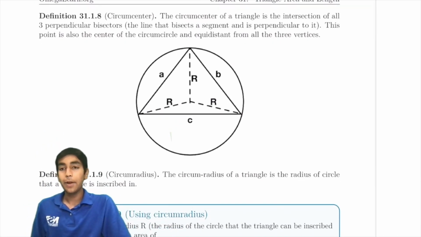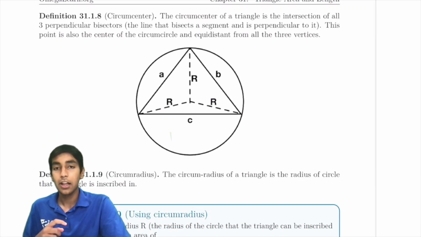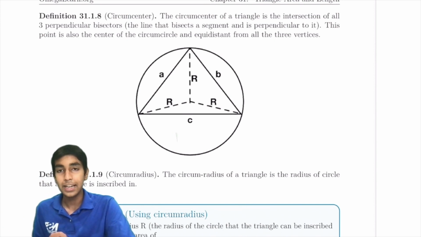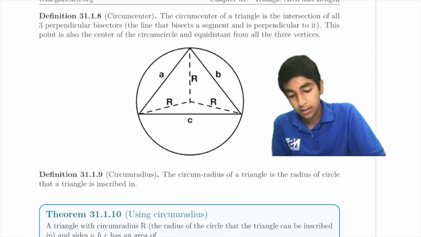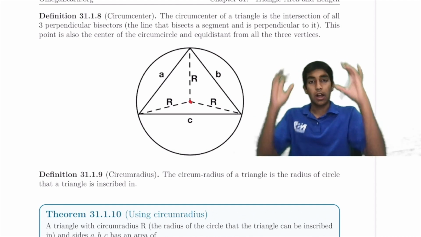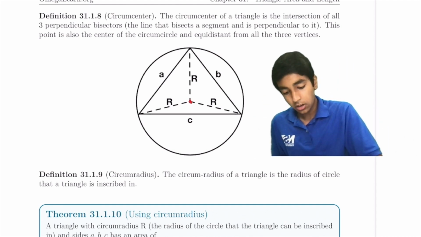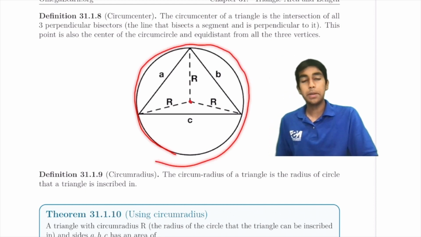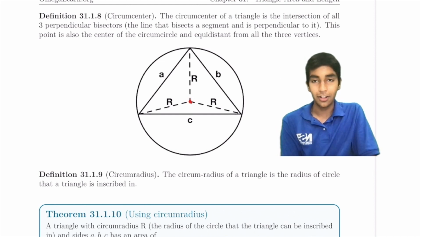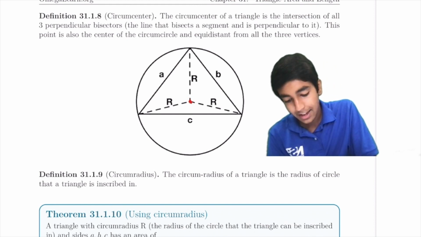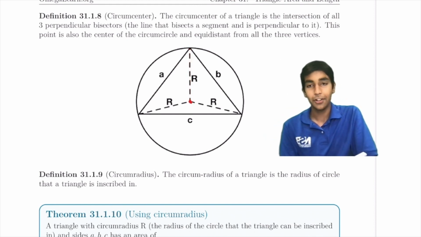Okay, so now there's another way to find the area of a triangle using circumcenters and circumradius. So essentially, the circumcenter of a triangle is the center of the circumscribed circle. So if we draw a circle around the triangle such that the circle passes through all 3 points of the triangle, the circumcenter is the center of that circle, and the circumradius is the radius of that circumcircle.